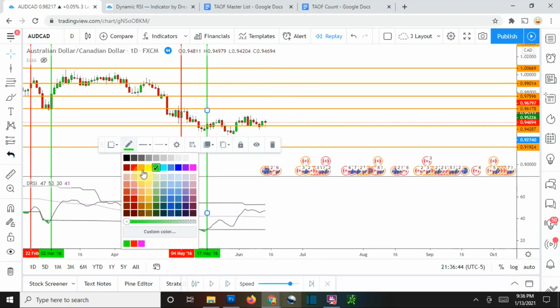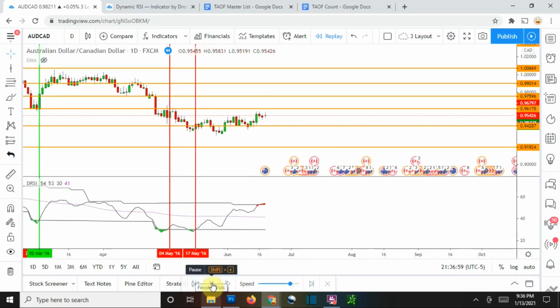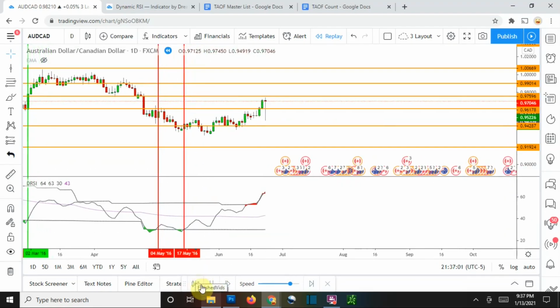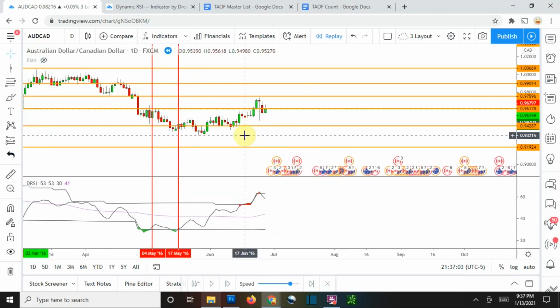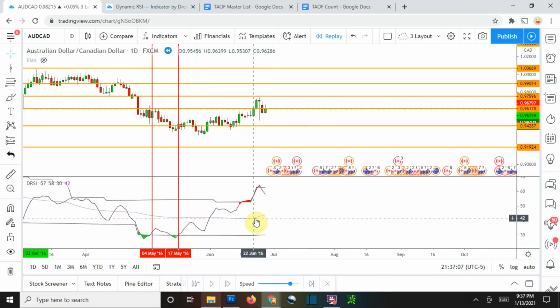So in this particular case, we would have gotten stopped out. You see that it doesn't seem to be respecting this line very well. It seems to be just kind of trading below it, and it just keeps breaking up and down through it. That's something to be mindful of as well.